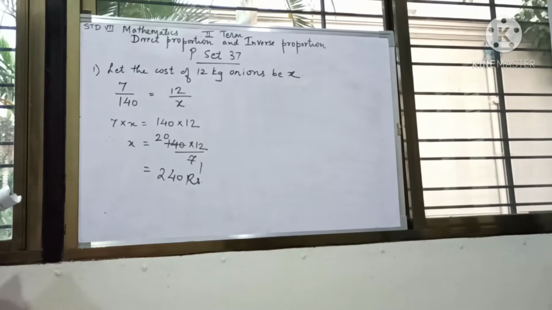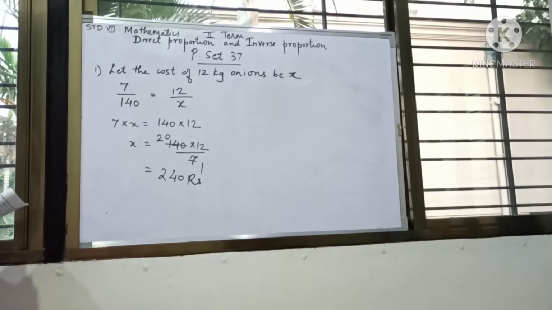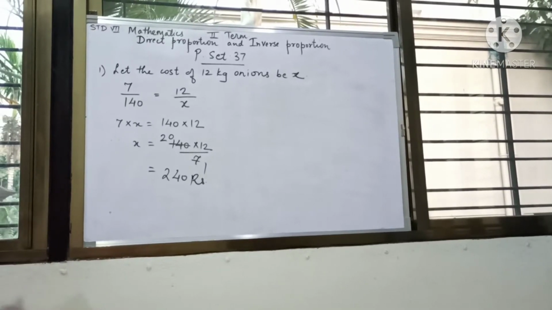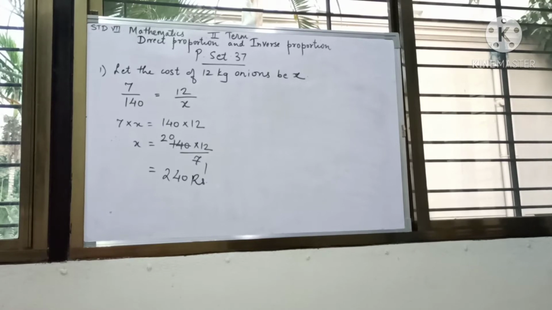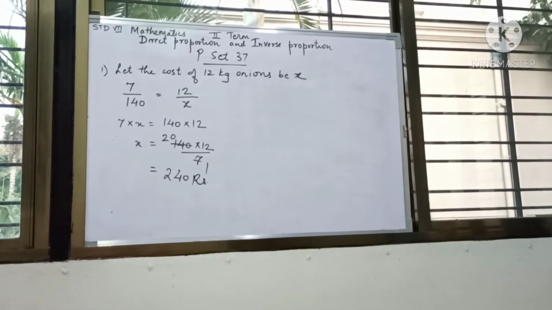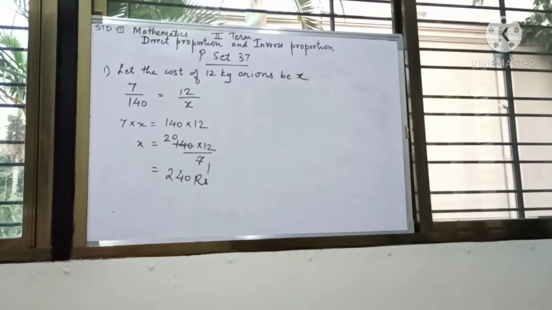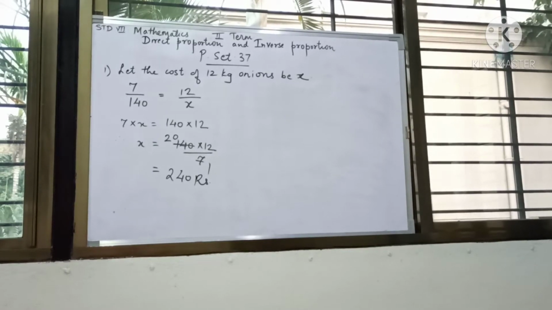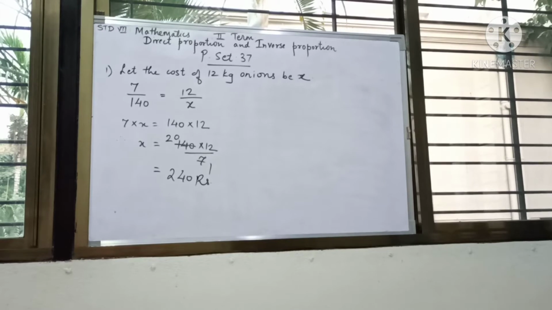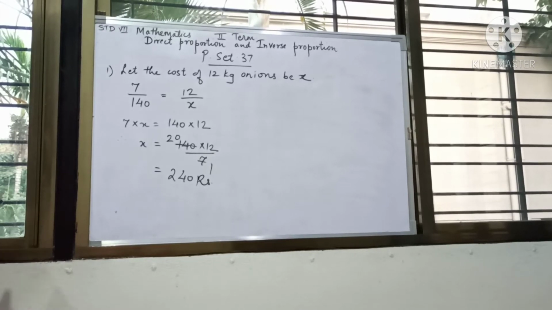So we will solve the next sum. If 600 rupees buy 15 bunches of feed, how many will 1280 rupees buy? So this is also an example of direct proportion. So we will solve it.